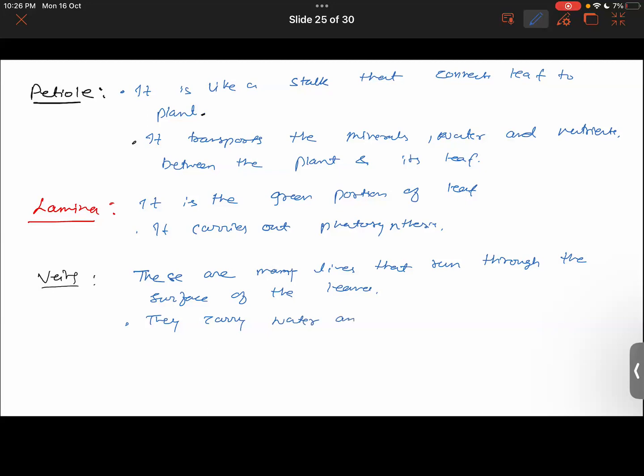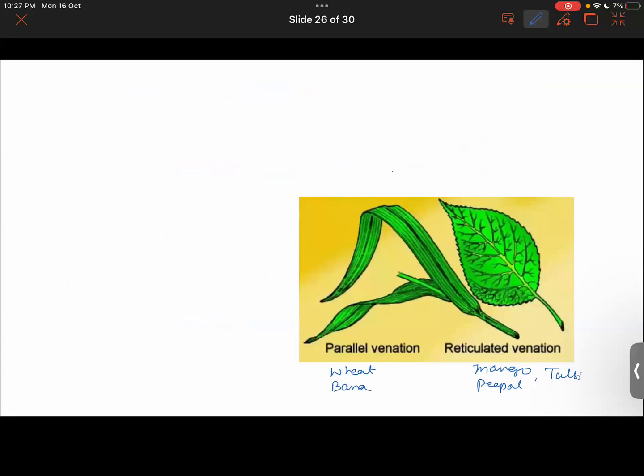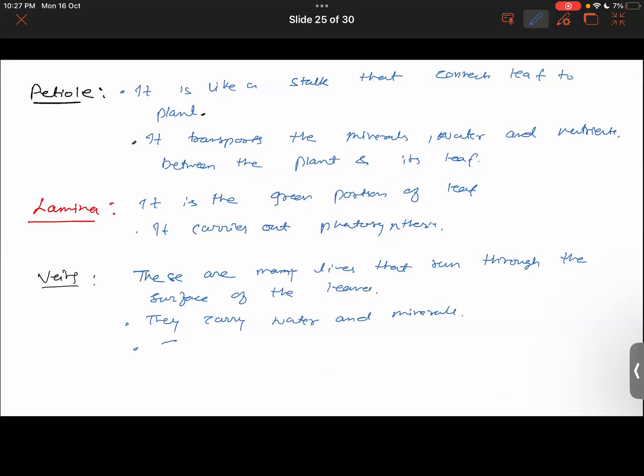They carry water and minerals. And they have got different designs, and the designs that they make are called venation. So they make different designs called venation.